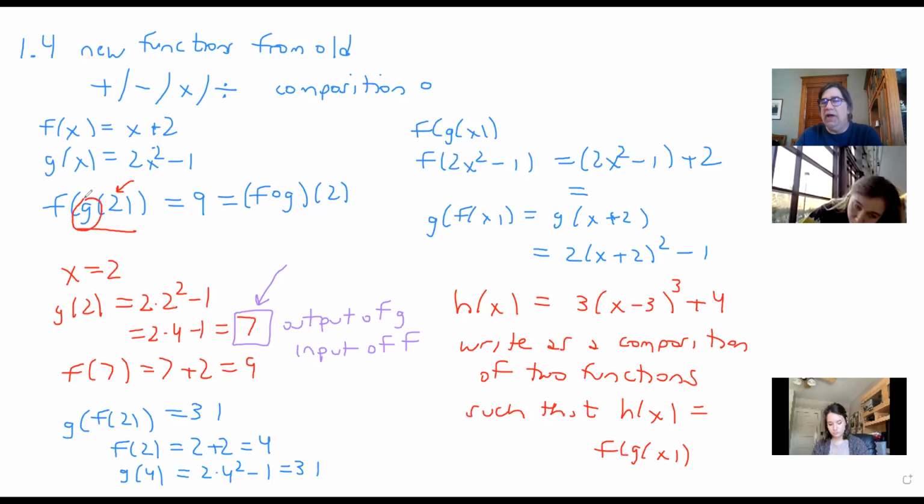What function do you apply first? Get an answer. Then what function do you apply second? Get an answer. So if you're looking at the formula here, are you going to apply this function first, this function first, this function first? If I give you x, what are you supposed to do first? You do x minus 3.